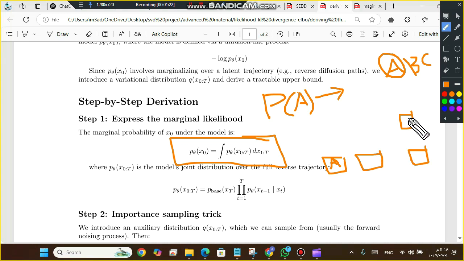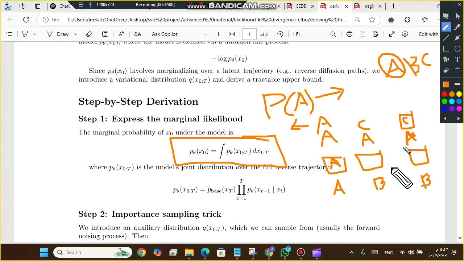One path will be, for example, C, C, A, right? And the probability of this path will be the multiplication of the probability of each of those steps, right? Another one will be A, and another one will be B, B, A, for example.